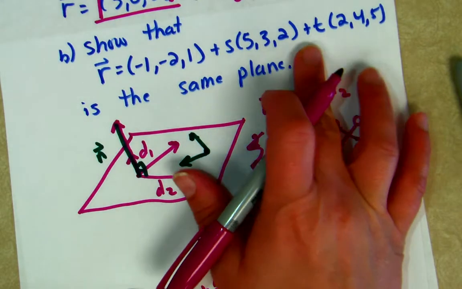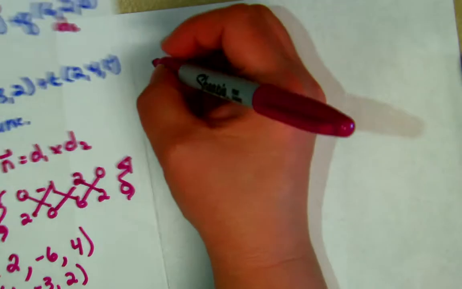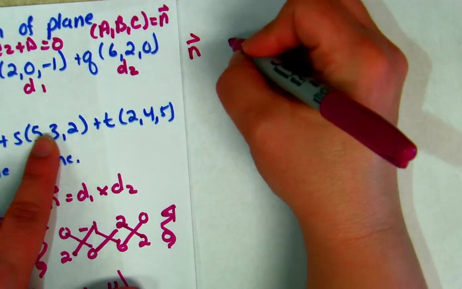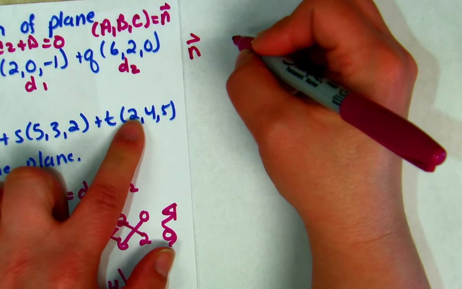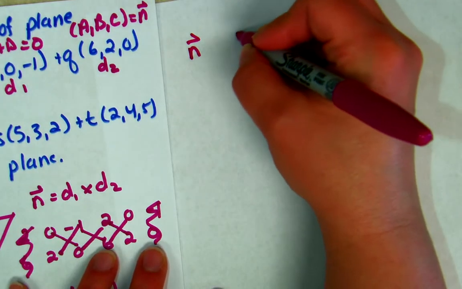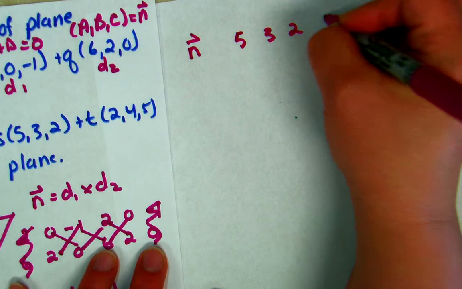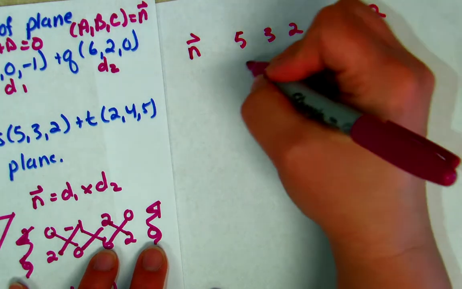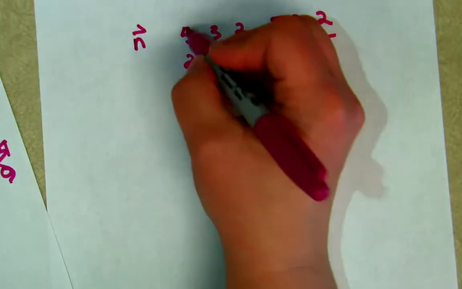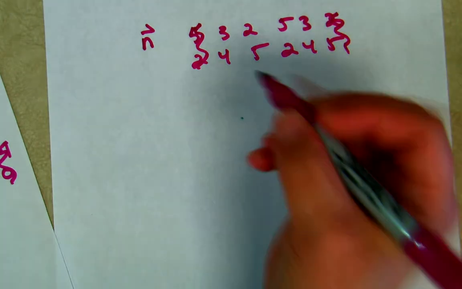So I'm going to find the scalar equation of this. So I'm going to do n. The normal of the second plane is (5, 3, 2) cross (2, 4, 5). So 5, 3, 2, 5, 3, 2, 4, 5, 2, 4, 5. And a cross out.